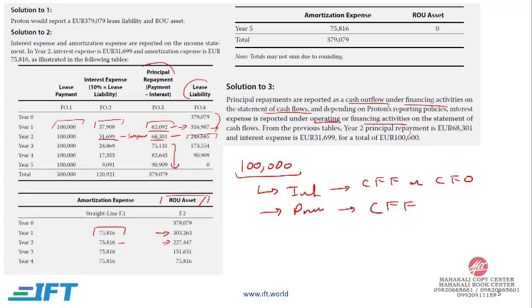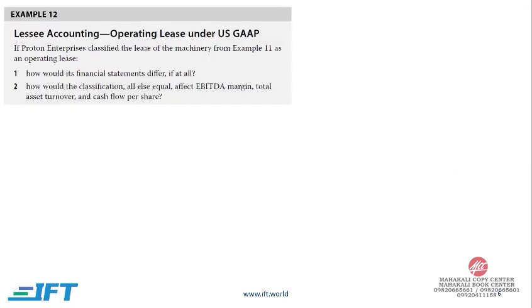So year 2 principal repayment is 68,301, and the interest component would be 31,699.